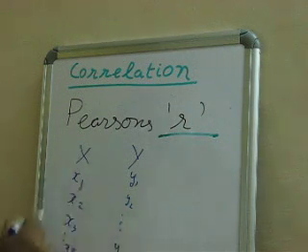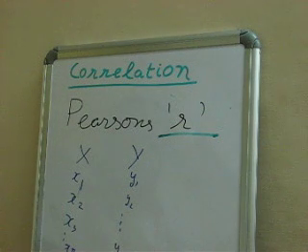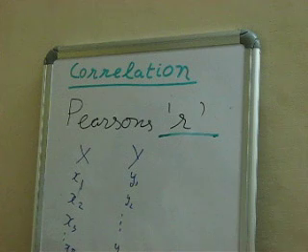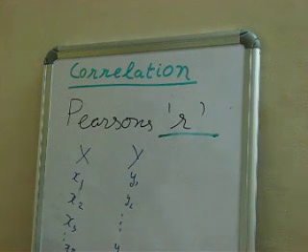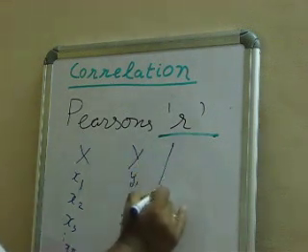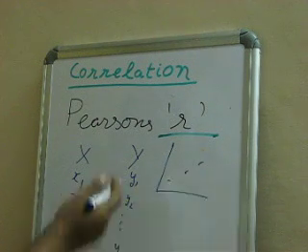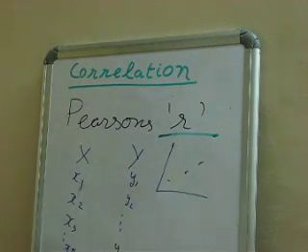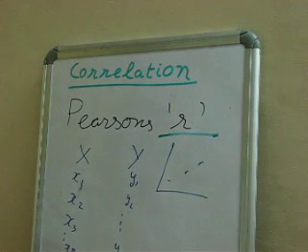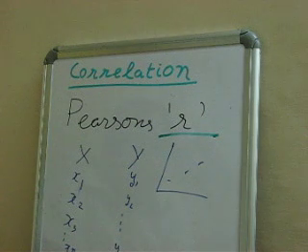If we plot these values on an XY plane, we get a scatter plot for X and Y, and using that plot we can figure out what type of relationship there is between these two variables. Now, to determine R, what we have to do is calculate XY.